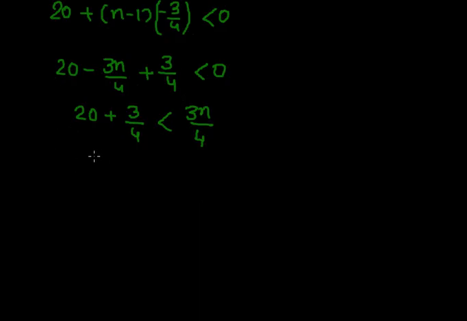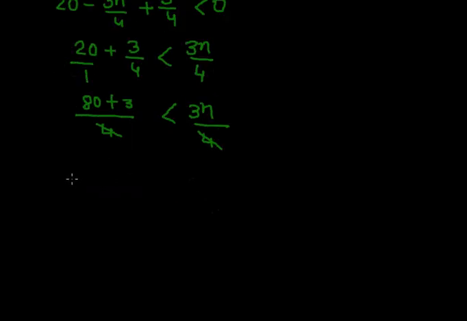Next, when I solve 20 and 3/4, we have an LCM of 4, which makes it 80 plus 3 should be less than 3n/4. Now after taking the LCM, we can directly cancel 4 on both sides.